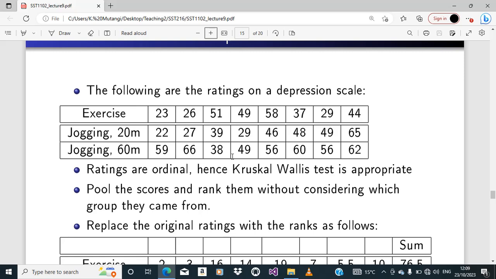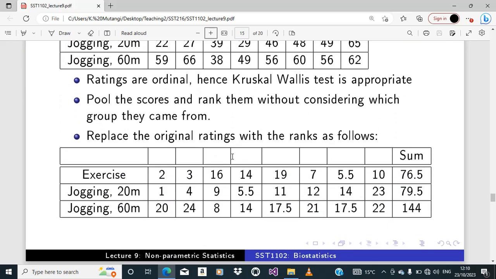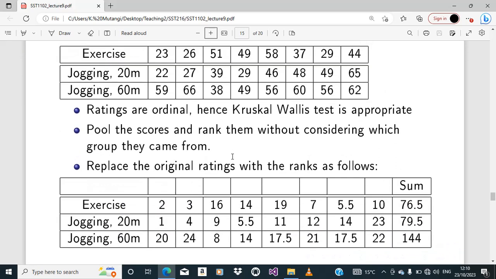So you have to pull all those observations together and rank them. You arrange them in ascending order. I think the minimum observation here is 22, which is the first observation under jogging. Now we are going to replace the original data with the ranks.